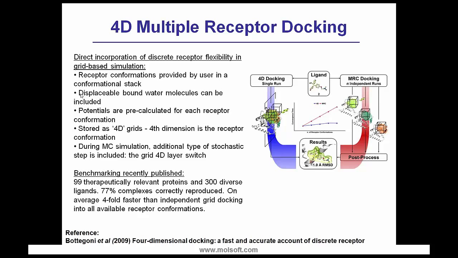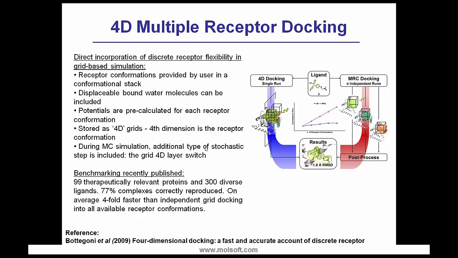You can also include bound water molecules, some of which are displaced, in the maps as well. The grid potentials are pre-calculated for each receptor. So here, for example, we have 3 different pockets, and you build maps and combine them in a single 4D docking run. So you're docking to multiple receptor conformations.